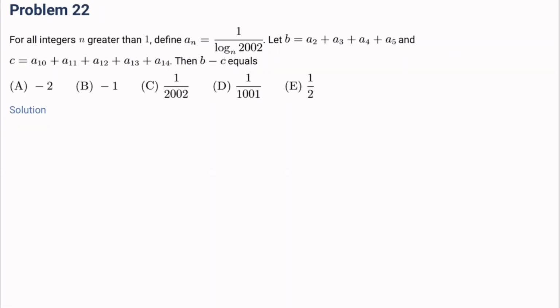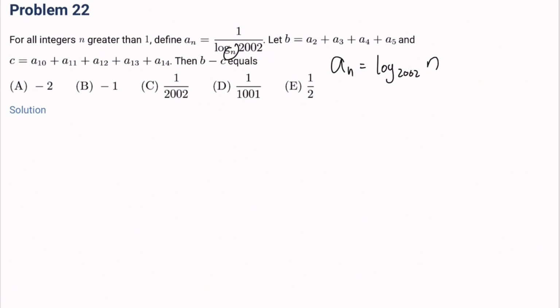Number 22, for all integers n greater than 1, define a_n as this thing. Let b equal a_2 plus a_3 plus a_4 plus a_5, and c equal a_10 all the way to a_14. Then we want what b minus c is, right? First of all, we know that a_n is log_n 2002, and that's under 1, so we can change these.